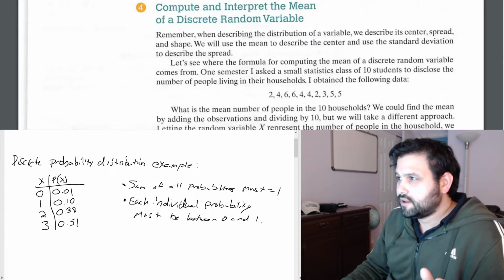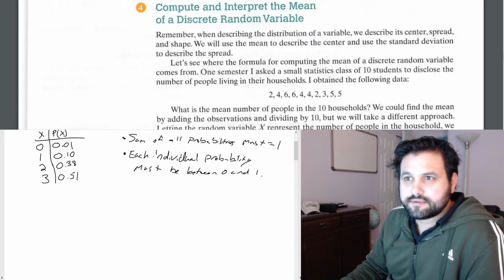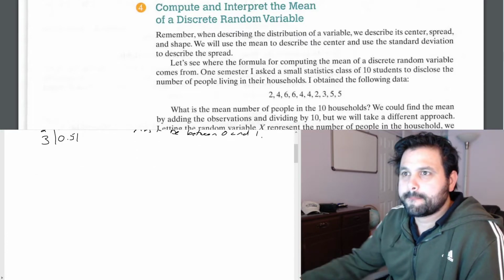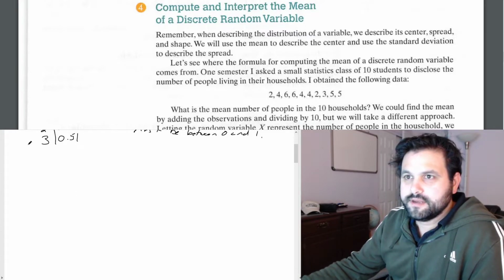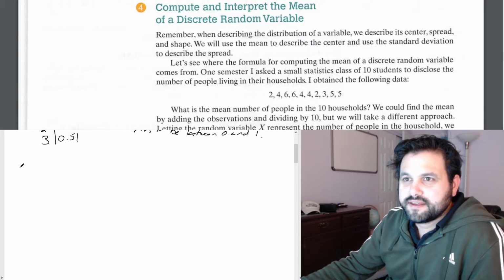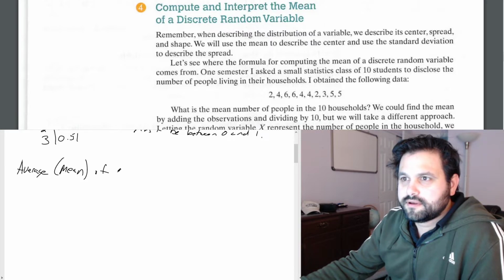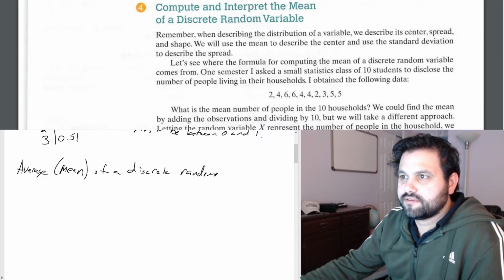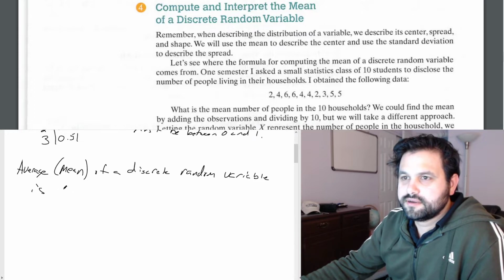Well, let's jot that down. The average or mean of a discrete random variable is the expected value.